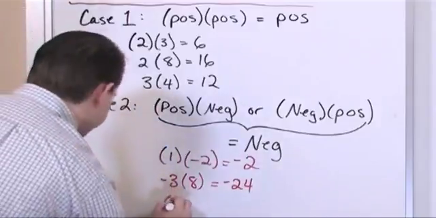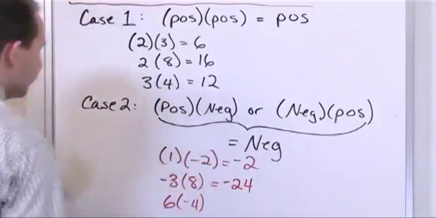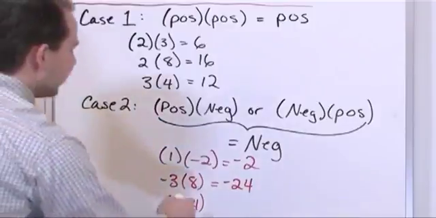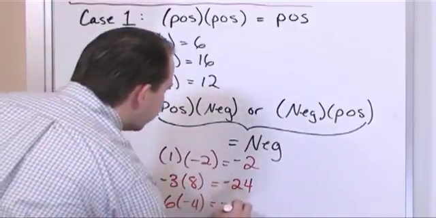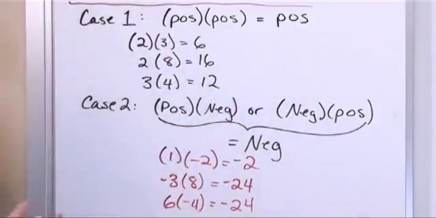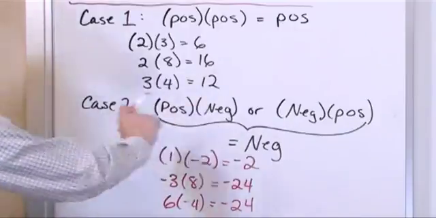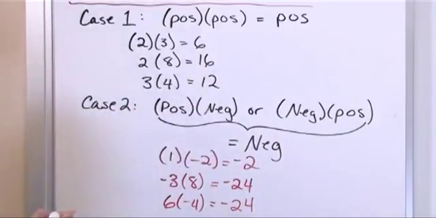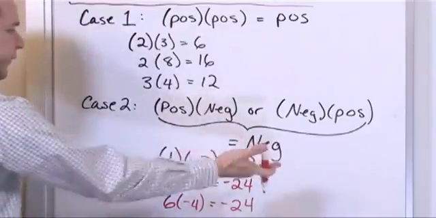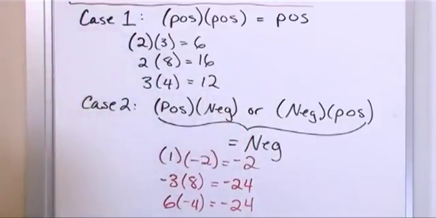Here we have 6 times negative 4. 6 times 4 is also 24, but since the signs are different, we always put negative 24. So you see, I didn't really do any thinking. I didn't have to think about the number line and where these numbers were on the number line. I didn't have to do any of that stuff. I just looked at the signs and said, well, okay, they're different. So for multiplication, we just put a negative on there when they're different. And that's it for case 2. If the signs are different, you put a negative on there. So it's really not that bad.